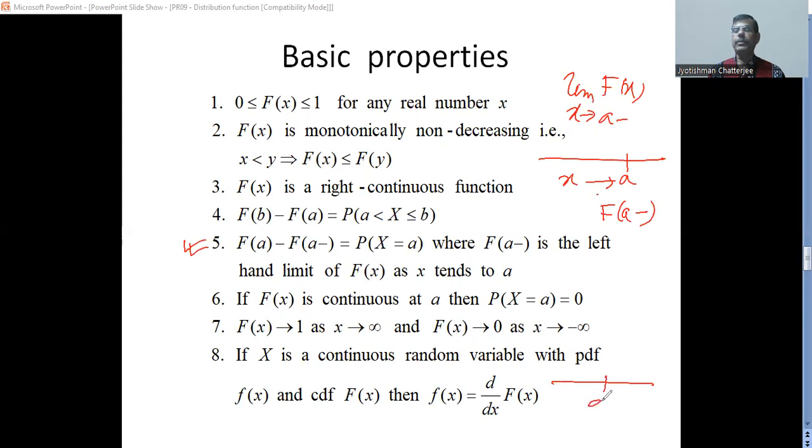Whereas when you approach the point A from the right-hand side, x comes from this side, then the limiting value is F of A plus. These are the notations for the right-hand limit and left-hand limit. However, please keep in mind that not always will the left-hand limit and right-hand limit exist for a function. For cumulative distribution functions, yes, the left-hand and right-hand limits always exist. But for general functions, they might not exist.